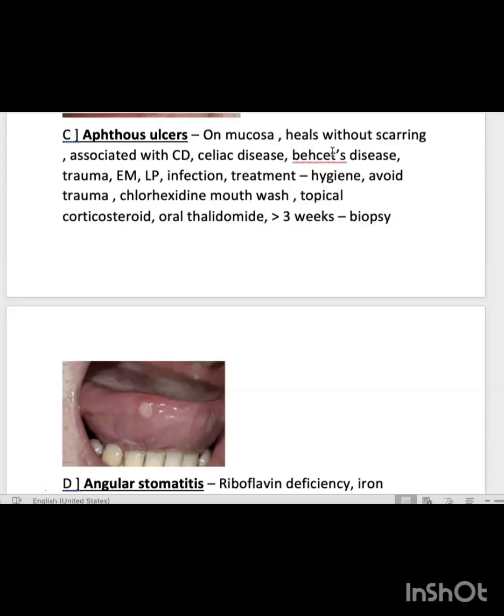Of this, Behçet's disease is very important. Treatment includes hygiene, avoiding trauma from sharp cuspal edges of teeth, chlorhexidine mouthwash, topical corticosteroids, and oral thalidomide for recurrent aphthous ulcers. If the ulcer persists for more than 3 weeks, we have to go ahead with biopsy.